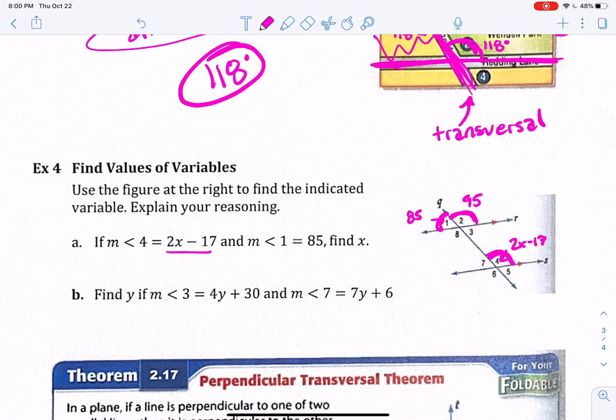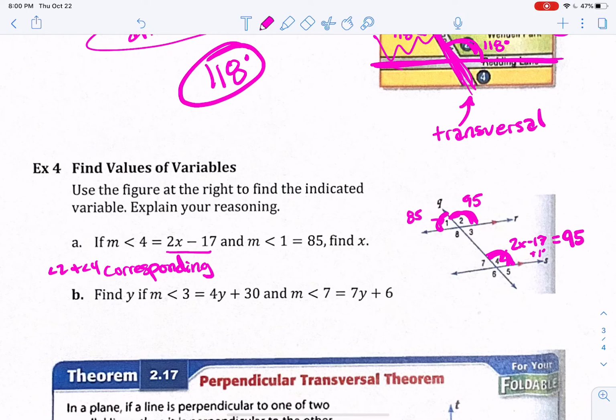Okay, but then angle 2 and angle 4, what do those two have in relationship to each other? Well, 2 and 4 are both on the top right corner of the intersection, which means that they are corresponding angles. So I'm going to put angle 2 and angle 4 are corresponding angles, which means that if angle 2 is 95, angle 4 has to also be 95. So I say that 2x minus 17 has to equal 95 degrees, and then I can just solve.